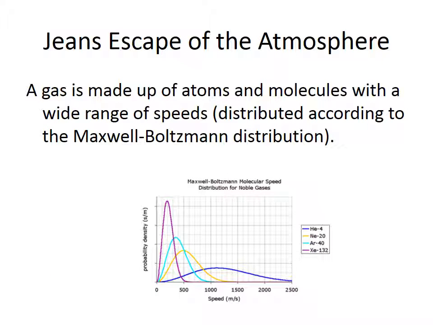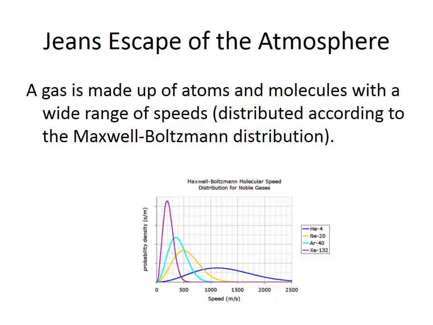Now, let's think of some applications of this concept. A gas is made up of atoms and molecules with a wide range of speeds. In chemistry, you may have seen that these speeds are distributed according to what's called the Maxwell-Boltzmann distribution. There is some average speed in there, but some are moving much more slowly and some are moving much more quickly.